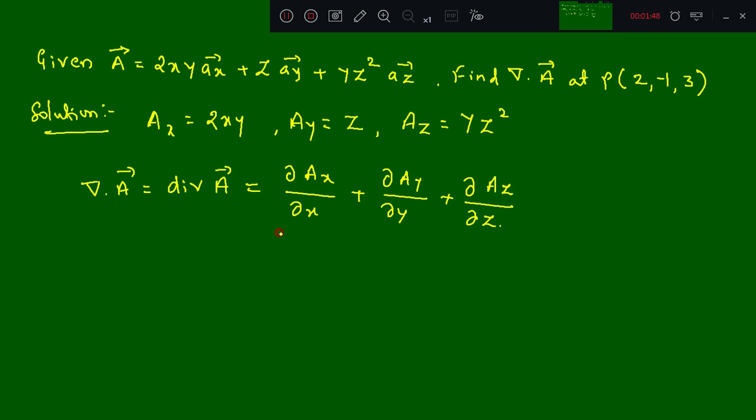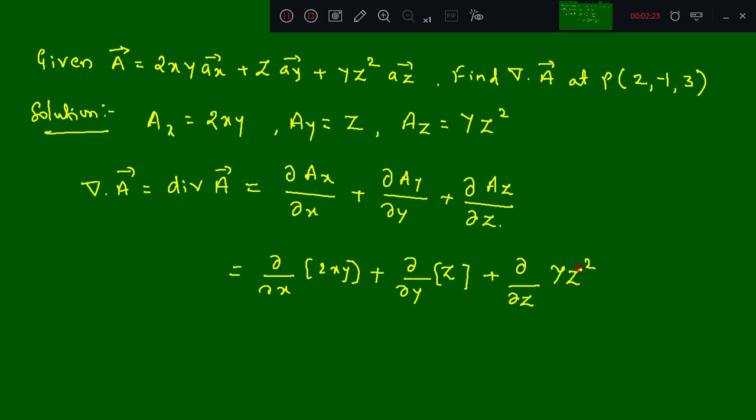So we can substitute the values here: dou by dou x of Ax, which is 2xy, plus derivative of Ay, plus derivative of Az, which is y z square.